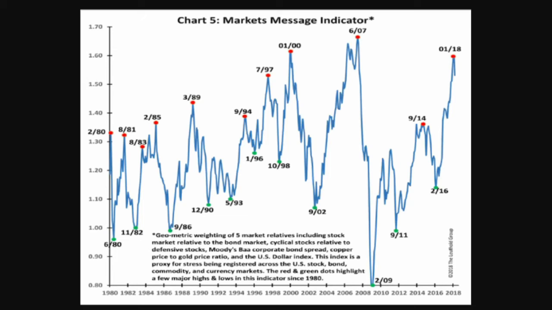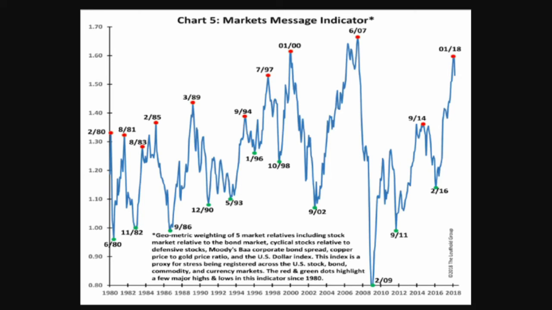And as you can see here, we hit a peak in January of 2018. And that's indicating that the level of investor confidence and aggressiveness across all the financial markets, as we discussed, is just about as high as it was back in January of 2000 and June of 2007.